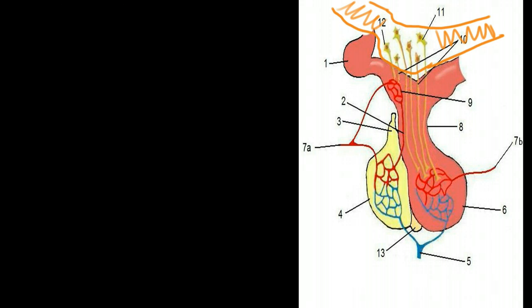These are the soma of the nerve bodies, and these are the axons. You can't really see that very well, but we have some axons here that extend down into the pituitary gland. Some of them extend down just to the stalk of the pituitary gland, and some extend down all the way. These ones here.